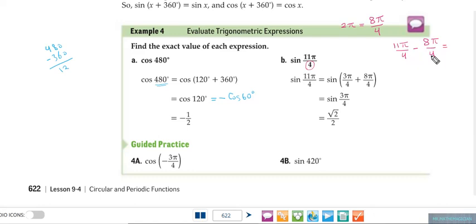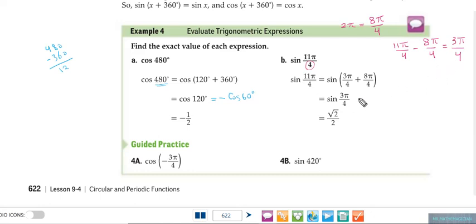We have a common denominator, so just subtract the numerators. This is 3 pi over 4. Of course, 3 pi over 4 lies in the second quadrant, because it's very close to pi, which is 4 pi over 4.